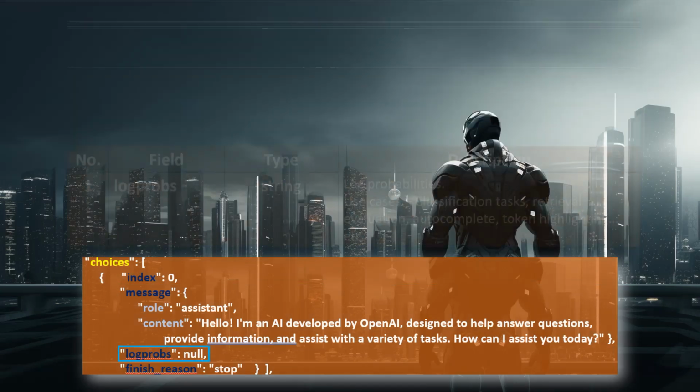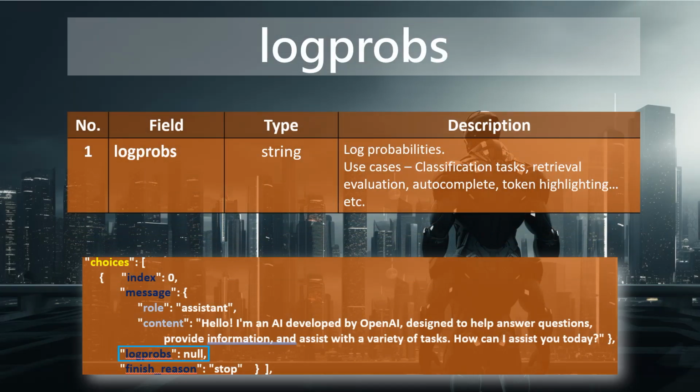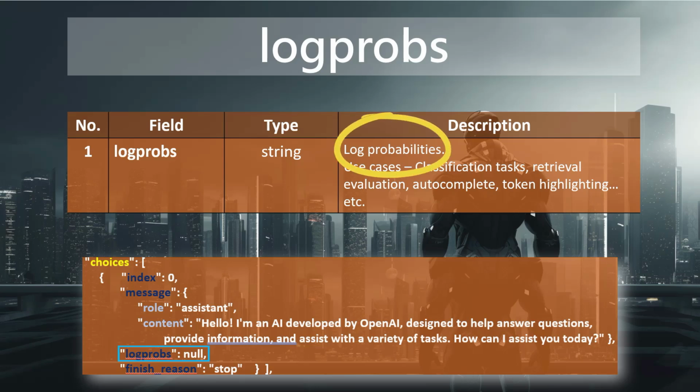The next field is logprobs. Logprobs is the abbreviation of log probabilities. This field will return as null if the logprobs parameter of your request object is not set to true. If the logprobs parameter of the request object was set to true, then the endpoint will return the probability of a token occurring at a specific position based on the previous tokens in the context.